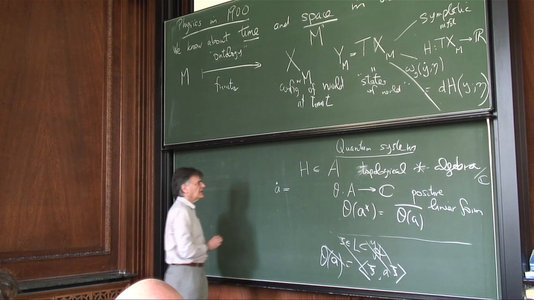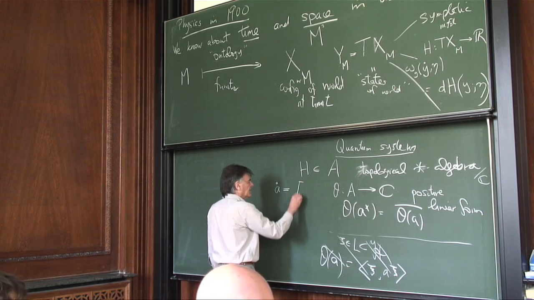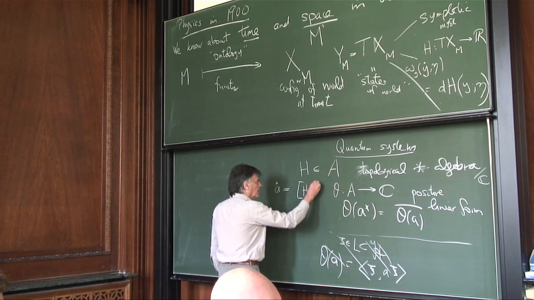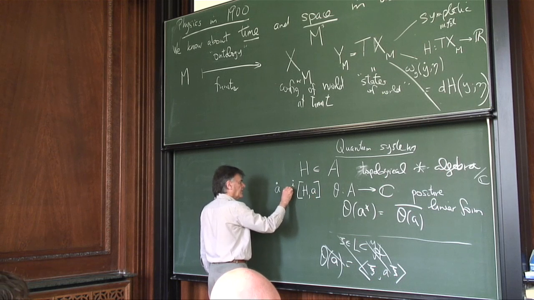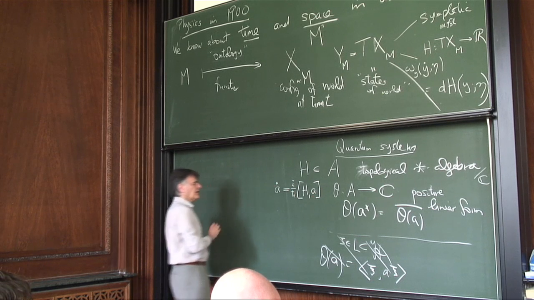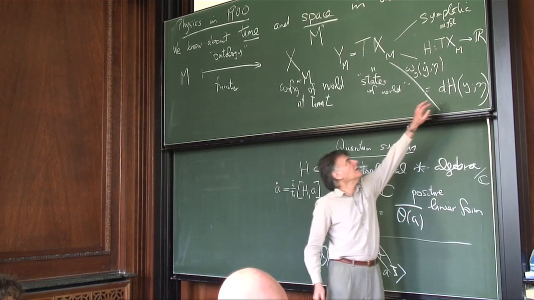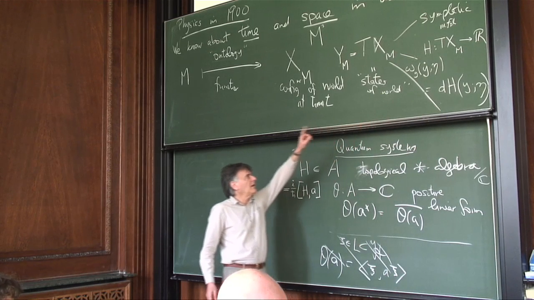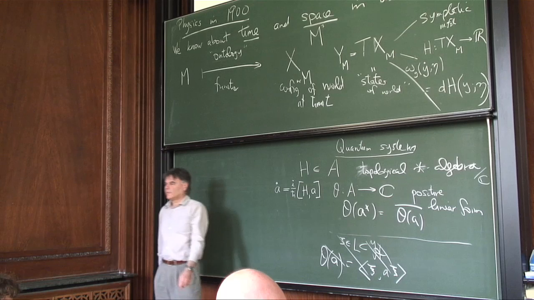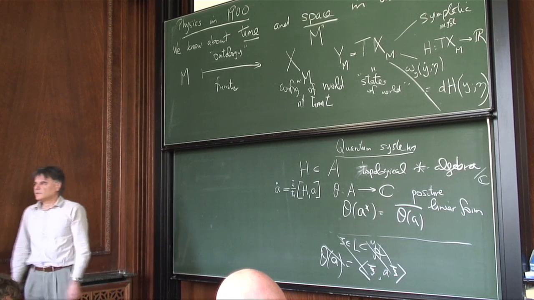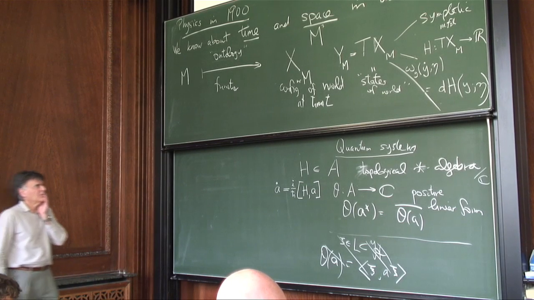The rate of change is essentially the commutator of the Hamiltonian and the element, times i over Planck's constant. So this is the analog of that equation, and the Hamiltonian function becomes the element of the algebra.